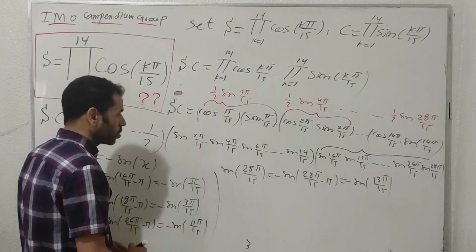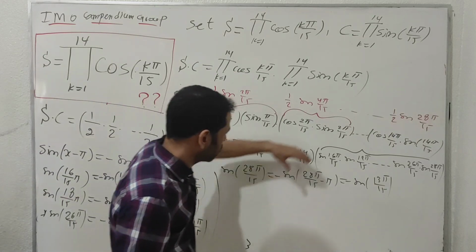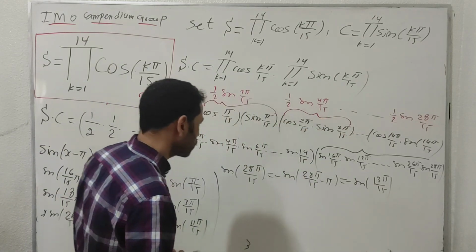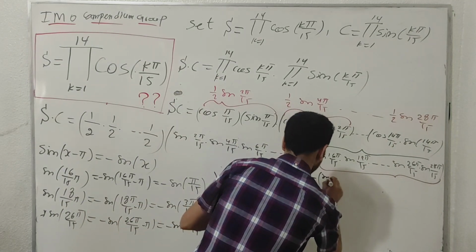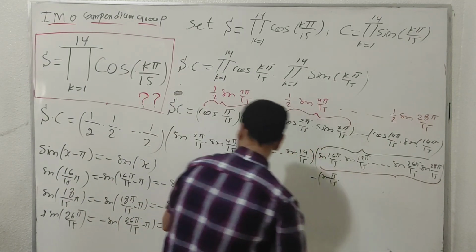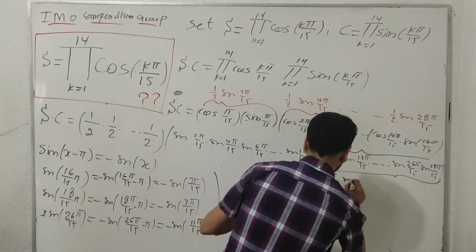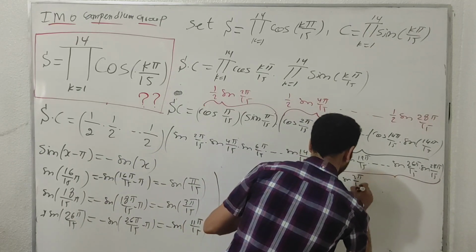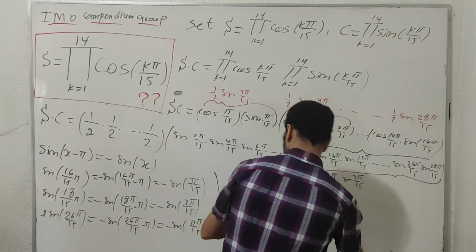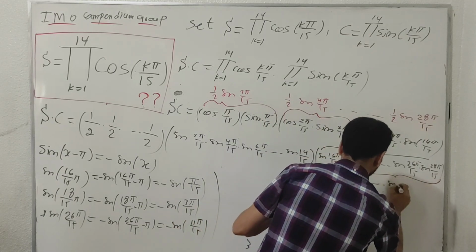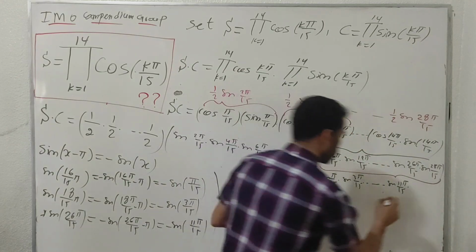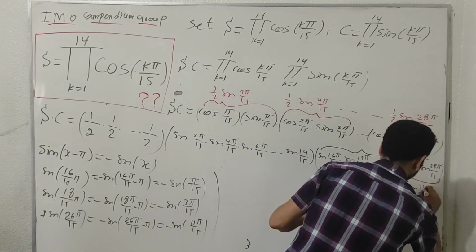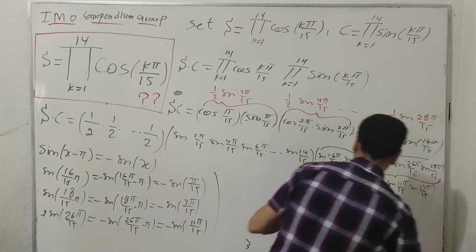So I'm going to replace all of this information into the second chunk, which are minus sine of pi over 15 multiplied by sine of 3 pi over 15, and all the way down to the sine of 11 pi over 15 multiplied by the last term, which is sine of 13 pi over 15, like this.